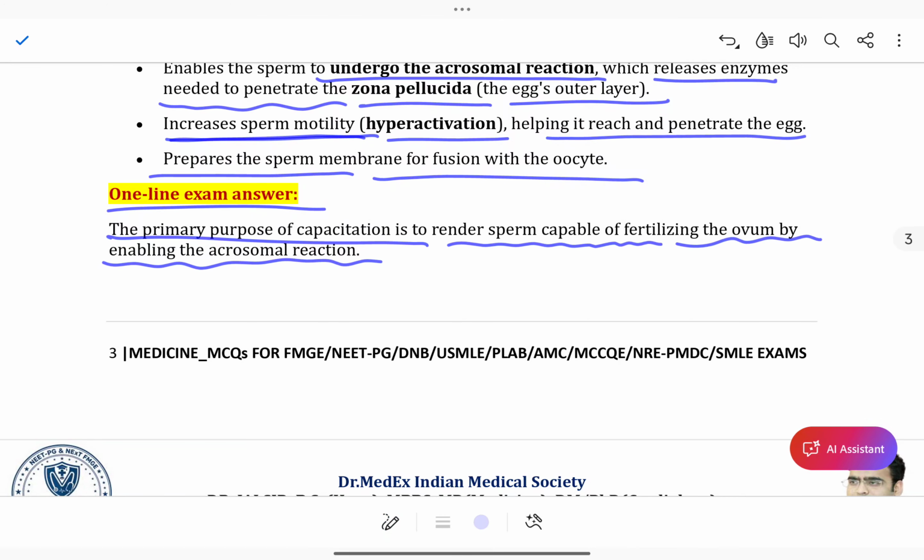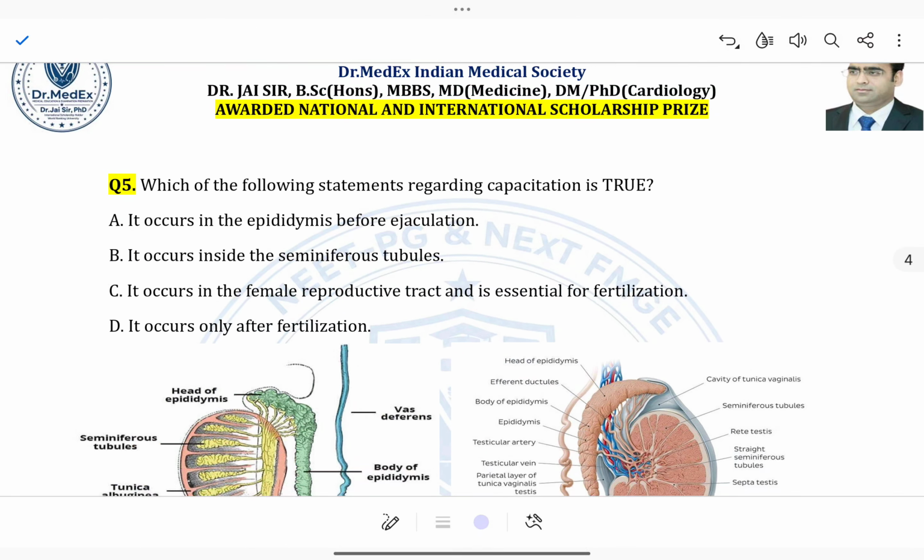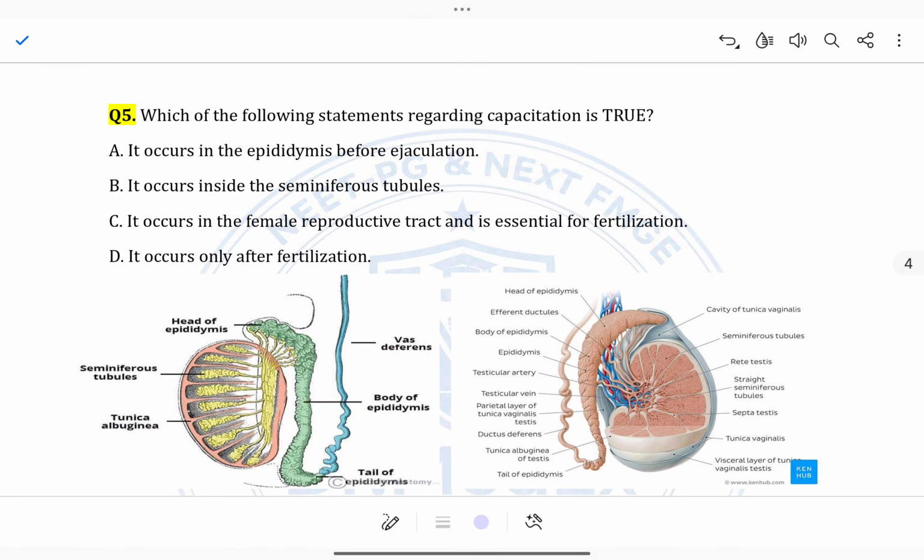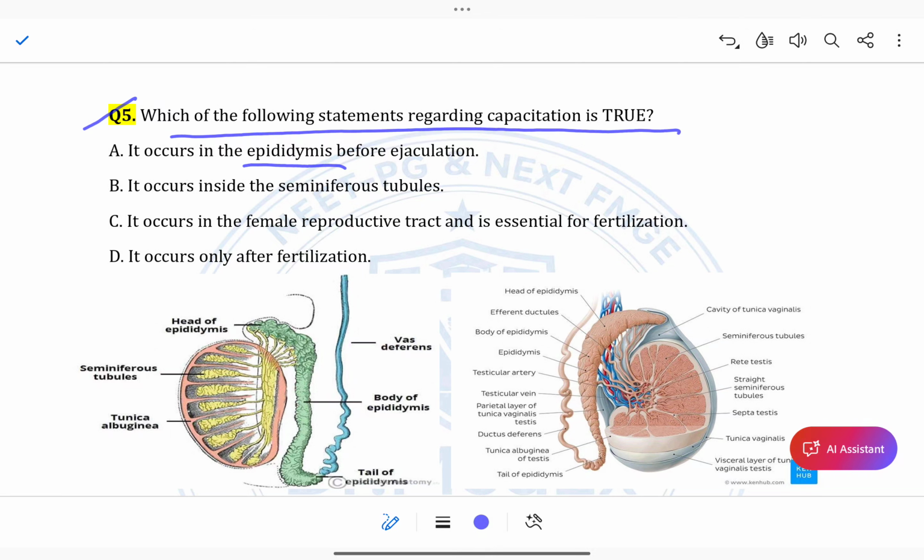Come to the next question, question number 5. Which of the following statements regarding capacitation is true? A, it occurs in the epididymis before ejaculation.